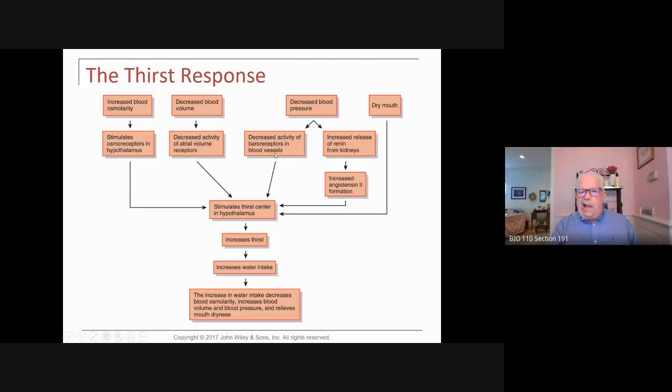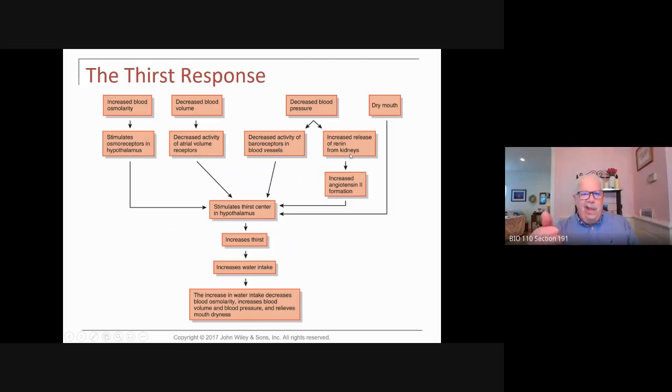You have decreased activities of the baroreceptors in your carotid sinus and your aorta. You have a low blood pressure. When you have a low blood volume and a low blood pressure, the renin, angiotensin, aldosterone system is activated.